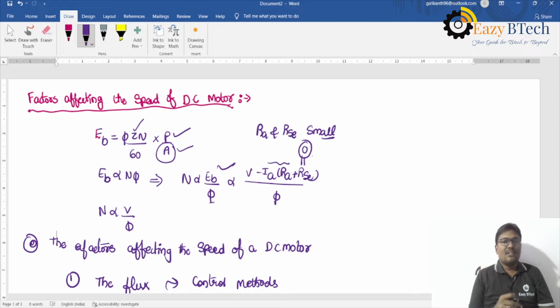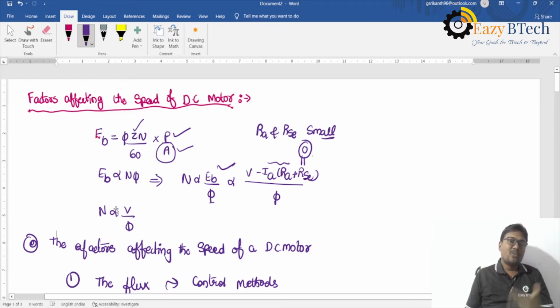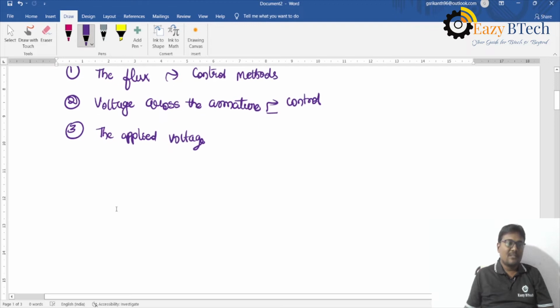Similarly, based on the application, we can go for the speed control of a DC motor also. The speed of a DC motor depends on supply voltage and flux.